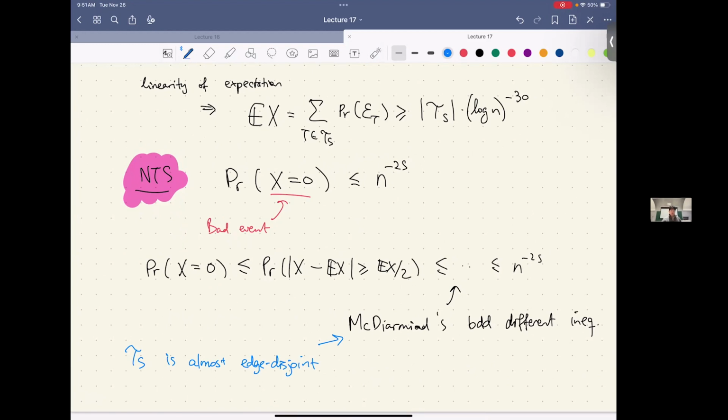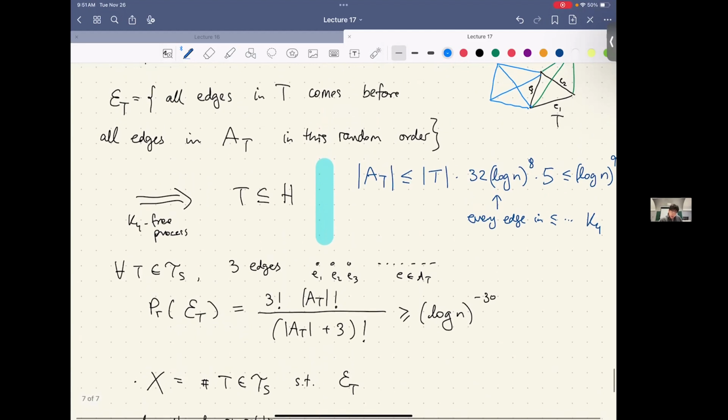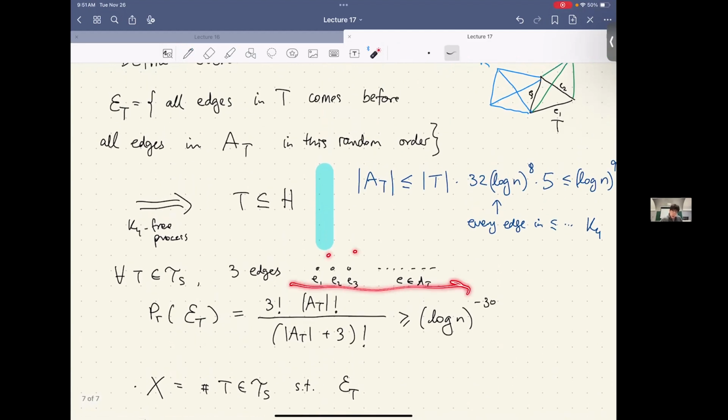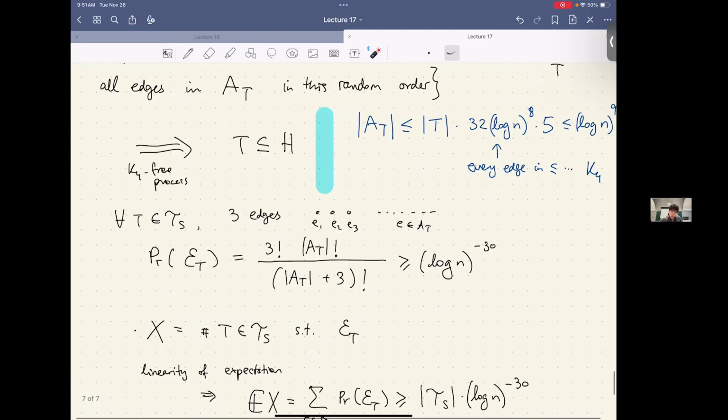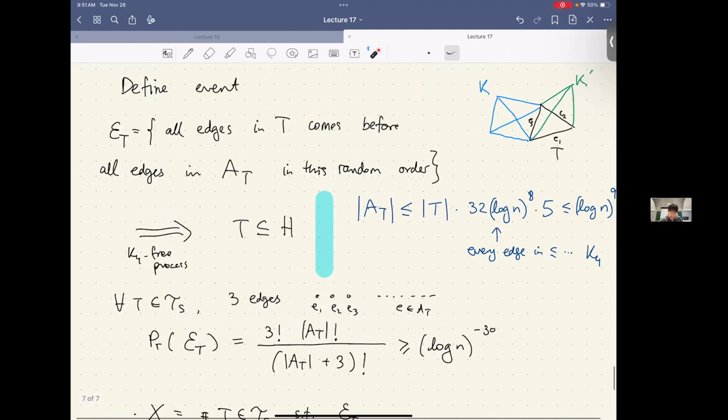Okay, let me briefly mention the idea. The random thing is the edges. It can be seen as some random order. So what we want to show is that if you change an edge, how much difference an edge can make. So you have to look at how many triangles and K4s this edge is involved in, which is a small number.